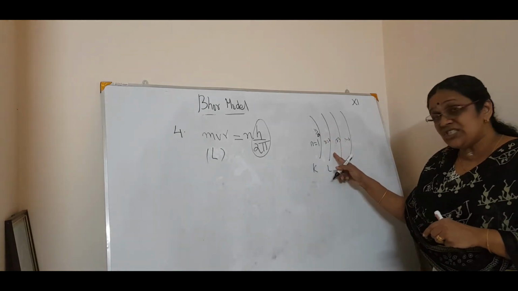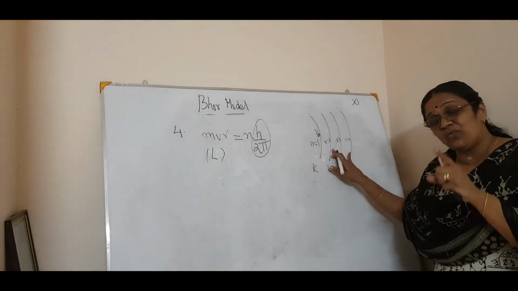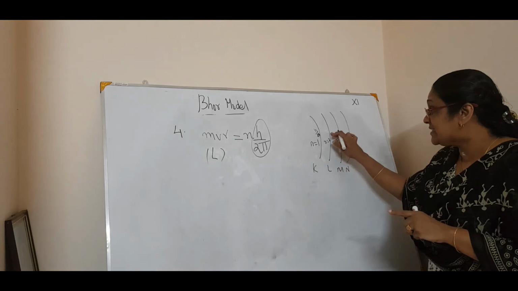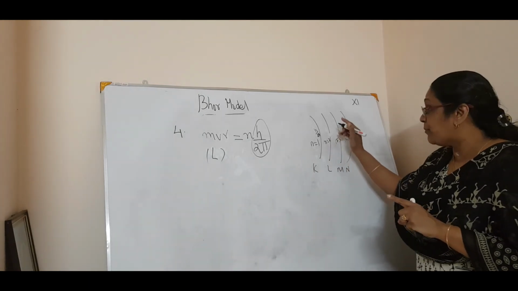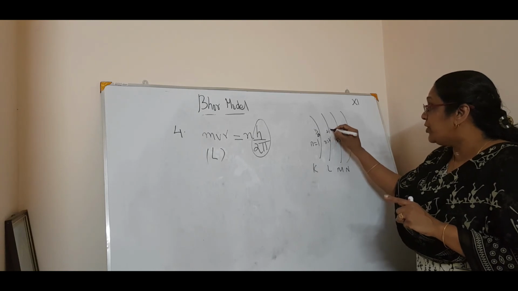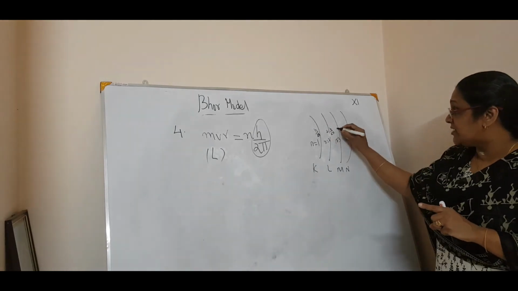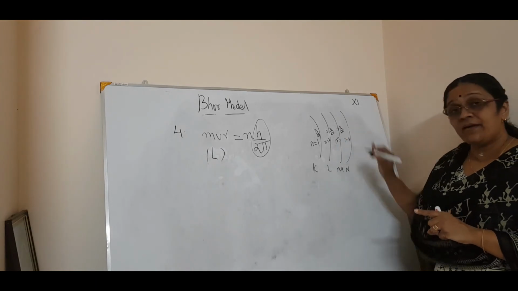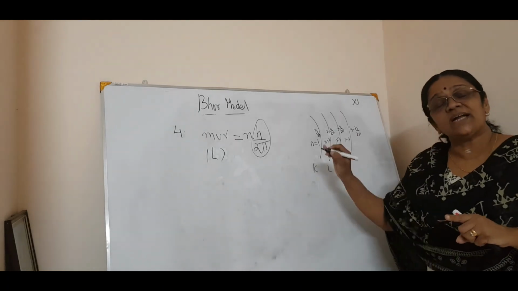If n is equal to 2, then for an electron to revolve in this orbit, its angular momentum will be equal to 2 into h by 2 pi, correct? Now in the third shell, 3 into h by 2 pi. Now the fourth shell, 4 into h by 2 pi. So that is the explanation.